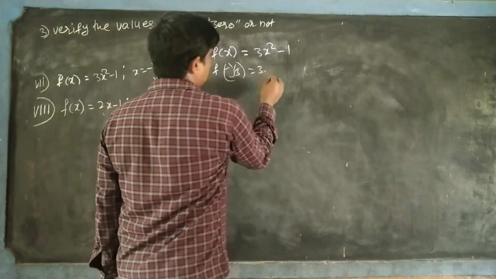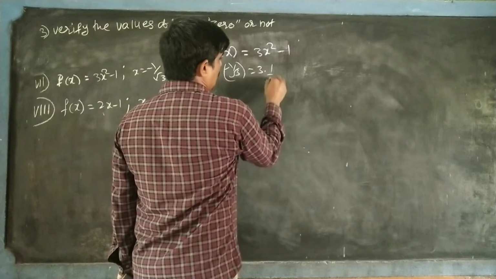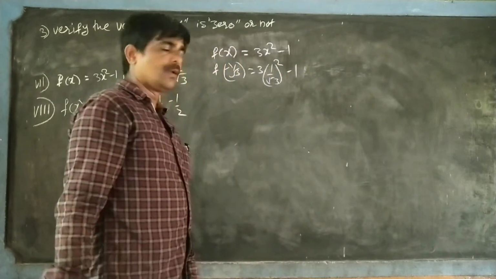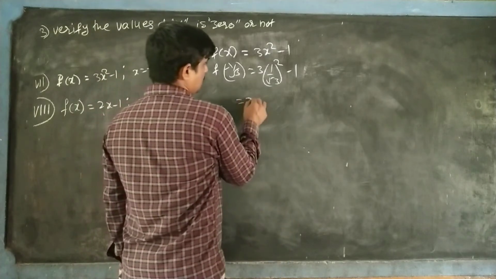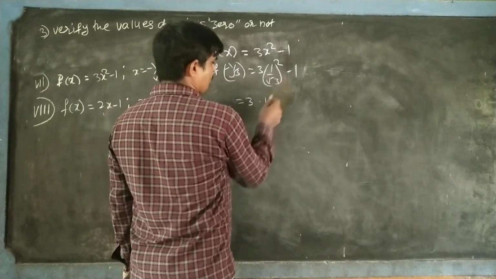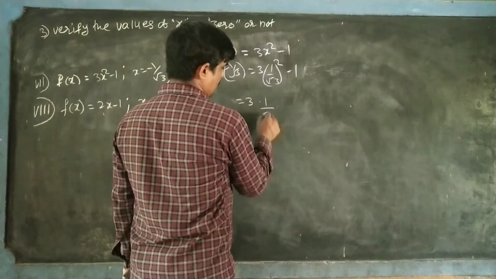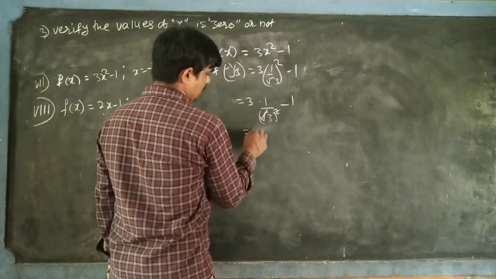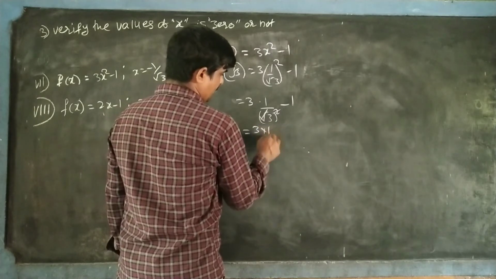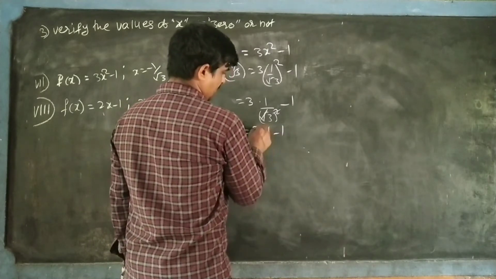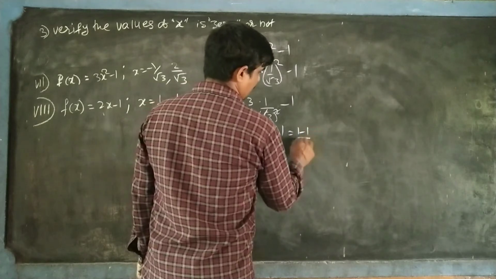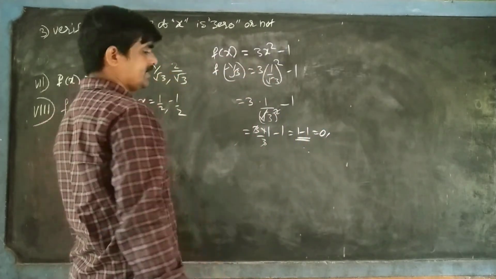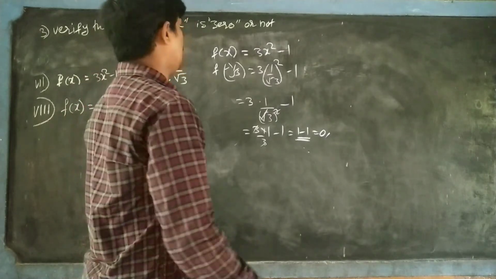That is equal to 3 into 1 by root 3 whole square minus 1. This is equal to 3 into 1 square means 1, so root 3 whole square, the square and square root get cancelled. 3 into 1 by 3 minus 1. 3 gets cancelled. That is equal to 1 minus 1, 0. Therefore, x is equal to minus 1 by root 3 is the 0 of the polynomial.